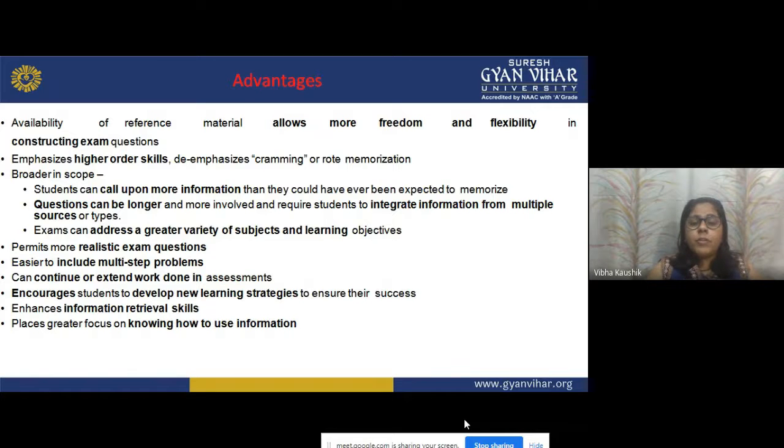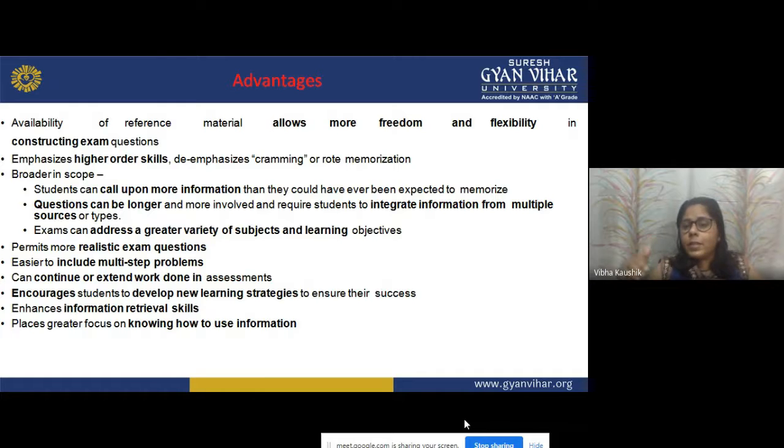Availability of reference material means there is so much reference material from which a teacher can make a question paper, and that gives freedom and flexibility to the teacher in framing the questions.